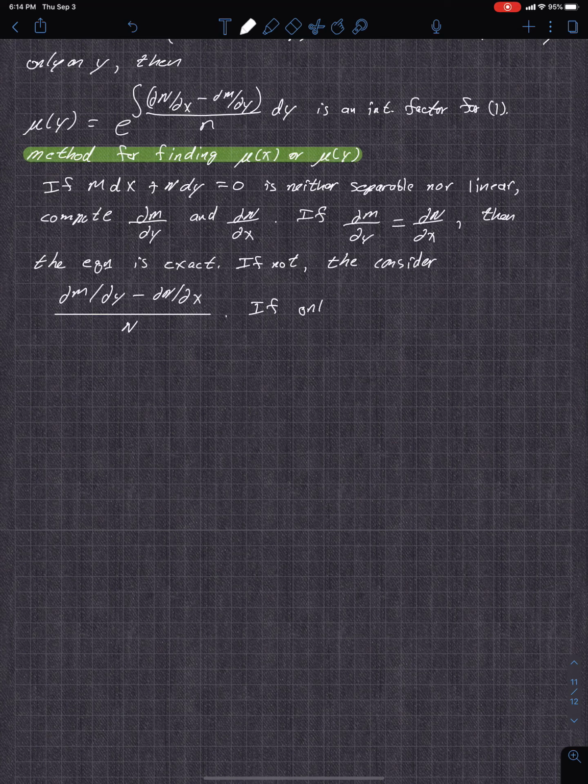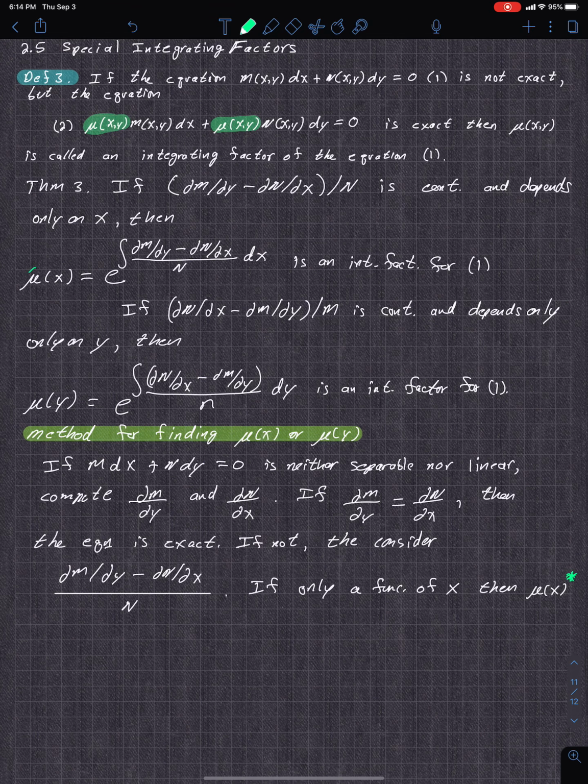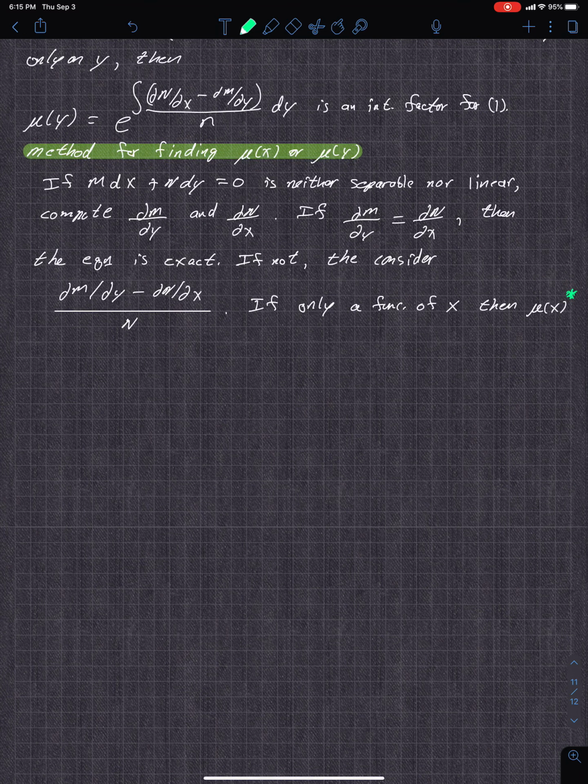If it's only a function of x, then mu of x, the same one above, is an integrating factor.